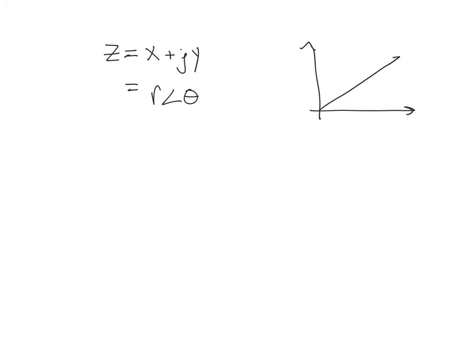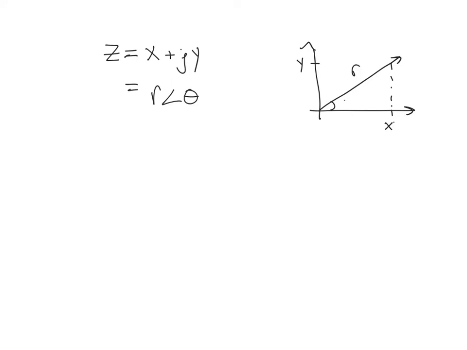Of course, you can relate the two quantities together, so let's review here. z can be described in rectangular coordinates as x plus jy, and in polar coordinates as r angle theta. So we can now relate the two together, again, just by simply looking at the triangle formed by that complex number.